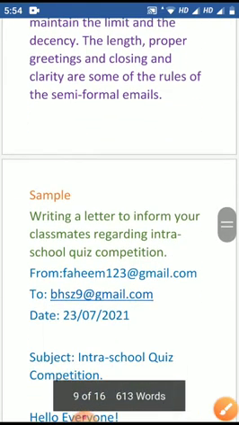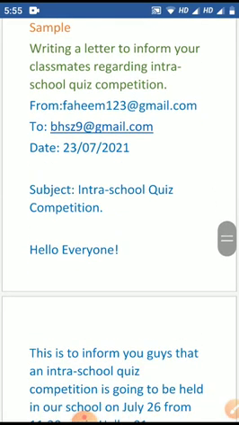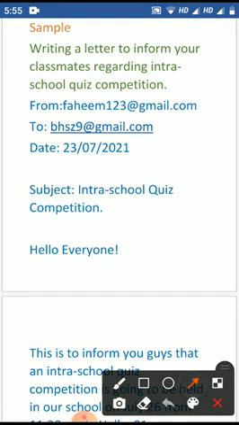Here we have a sample. Writing a letter to inform your classmates regarding an intra-school quiz competition. For example, you are Fahim and you have to write to your classmates, means your 9th standard classmates, and inform them about the intra-school quiz competition.